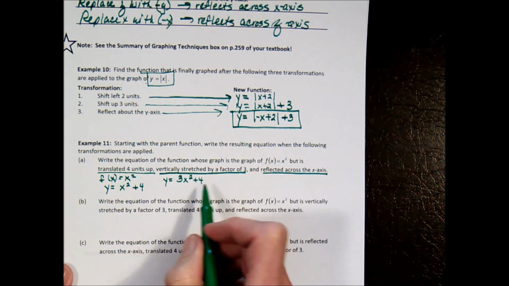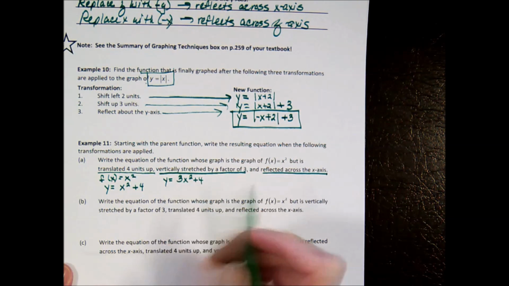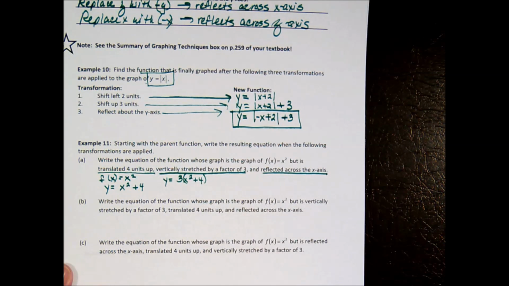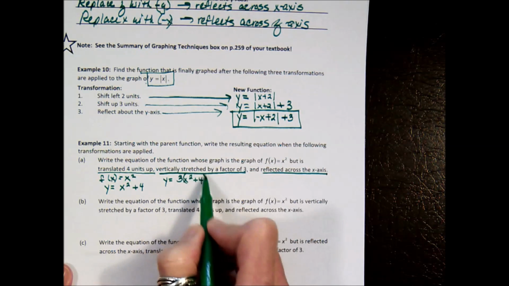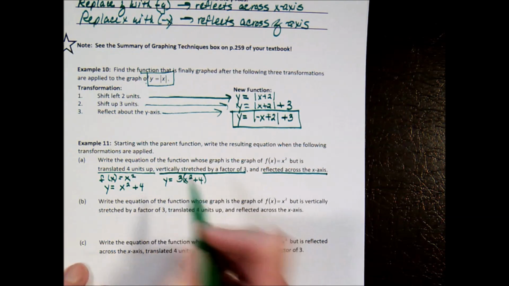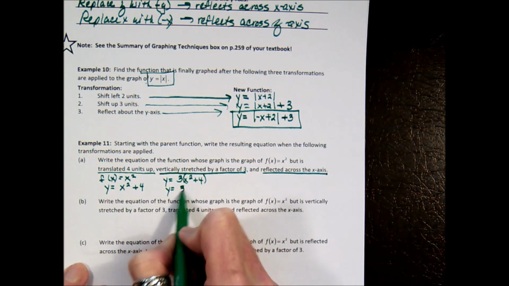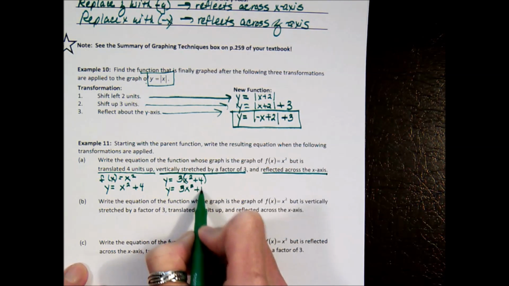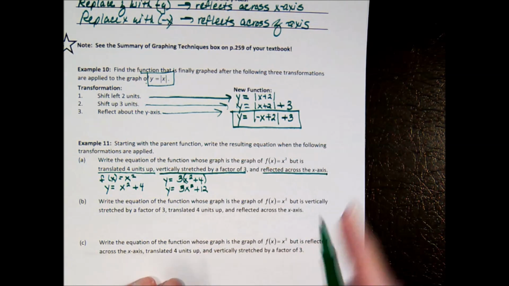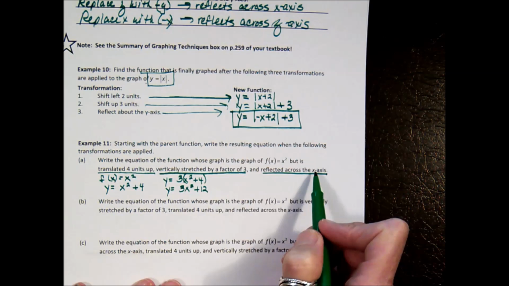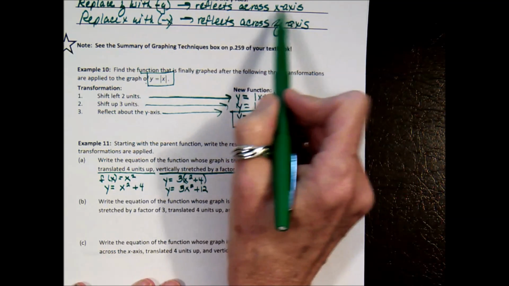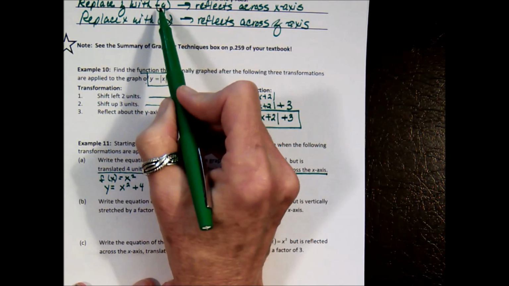And by the way, I just did this incorrectly. This should have had parentheses. Sorry about that. We're vertically stretching what we already have by a factor of 3. So this should be 3x squared plus 12. Now we want to reflect that across the x. So to get it across the x, I have to make the whole thing a negative in front of what I have.